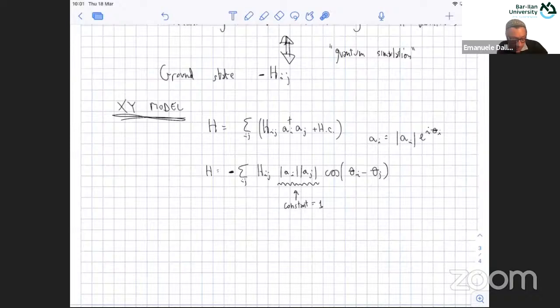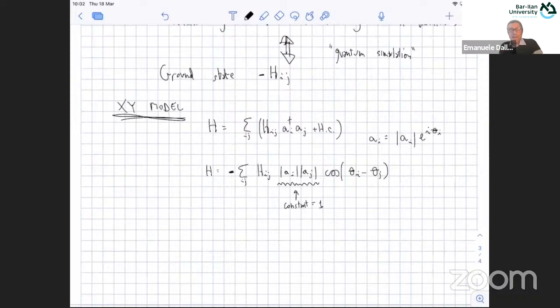So the most famous model is the canonical XY model. First of all, why is it called XY? It's called XY because this is equivalent to a problem in which you have spins that are on a plane. And the spins that are on a plane, you can describe them by an angle.